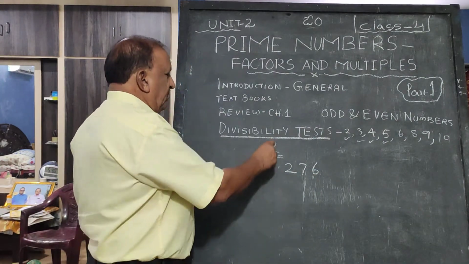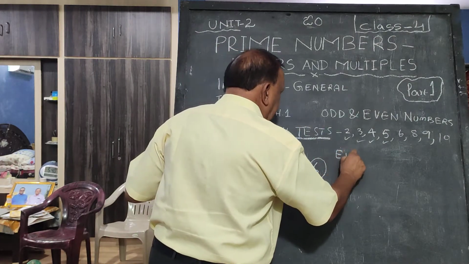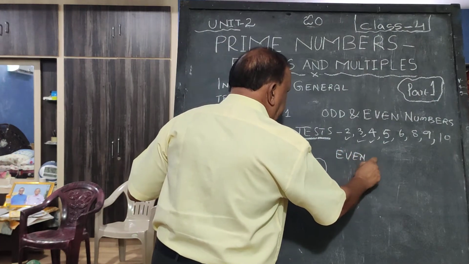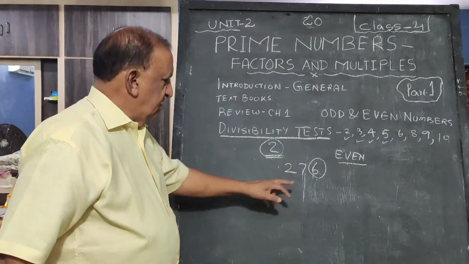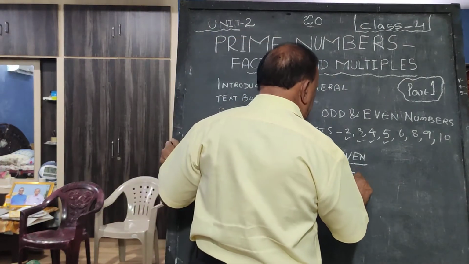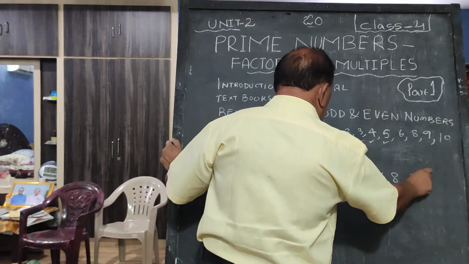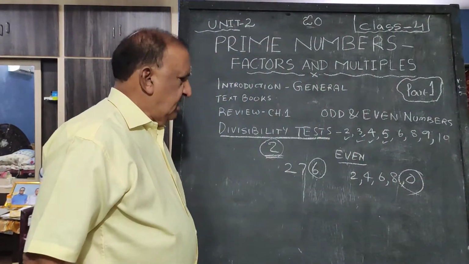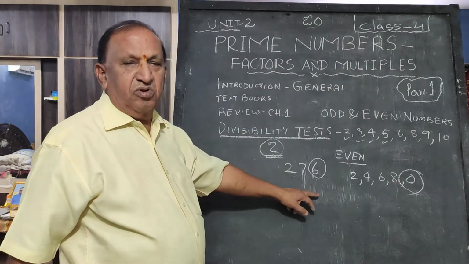For divisibility by 2, this must be an even number. If the units digit is even, then the number is divisible by 2. Even numbers are 2, 4, 6, 8, and of course 0 also. Here 6 is an even number, so the number is divisible by 2.